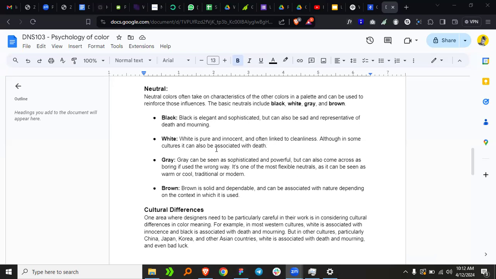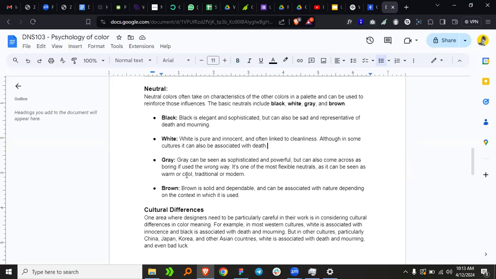Then white is pure and innocent, right? When we see white things, we tend to think of innocent things, pure things, and often cleanliness. Although in some cultures it can also be associated with death. In this part of the world it's usually black that is associated with death, but surprisingly white too is associated with death in some cultures.